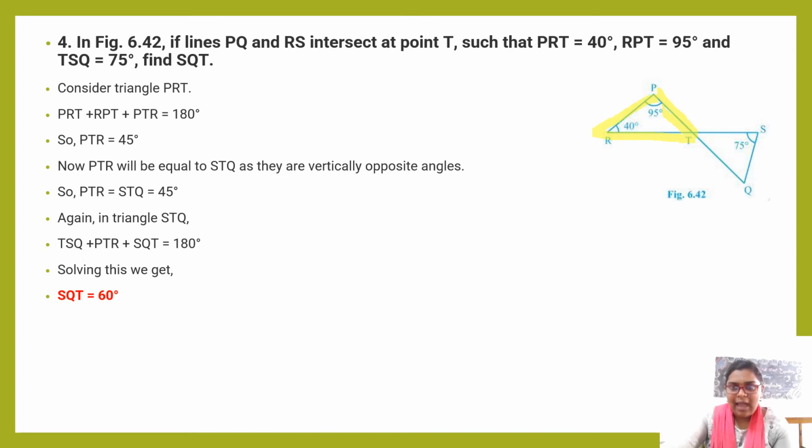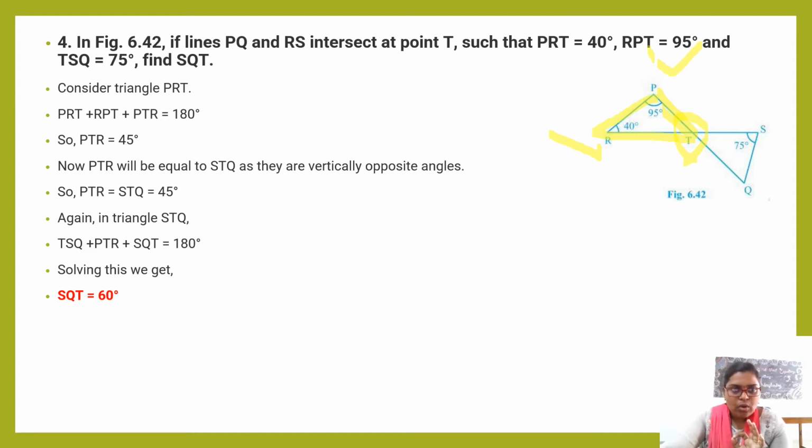So see here, angle P you know, angle R you know, we have to find angle T. How will you find it? In a triangle, two angles are there, one angle we have to find. So we can use the angle sum property. So 95 degrees plus 40 degrees plus this angle T is equal to 180 degrees.